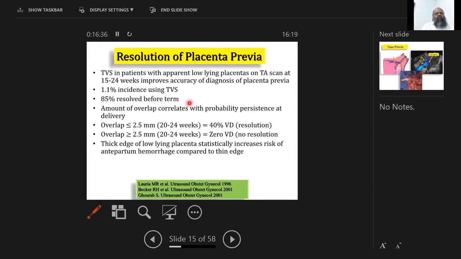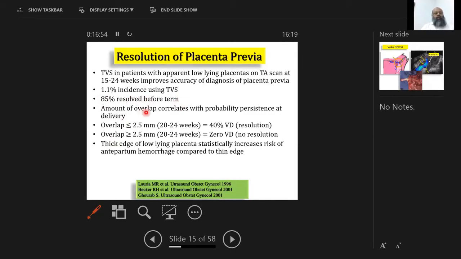We have to see that if they are low-lying placentas and we have diagnosed by TVS, then according to the literature I have mentioned here, there are 3 studies. 85% of low-lying placentas will be resolved.